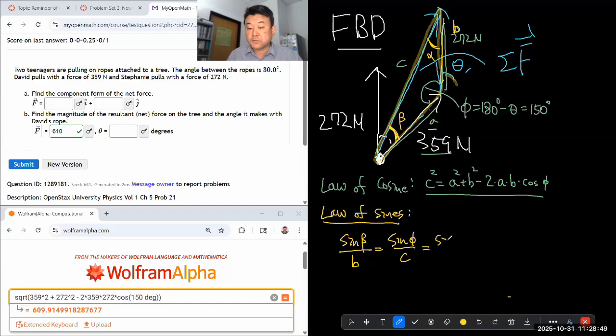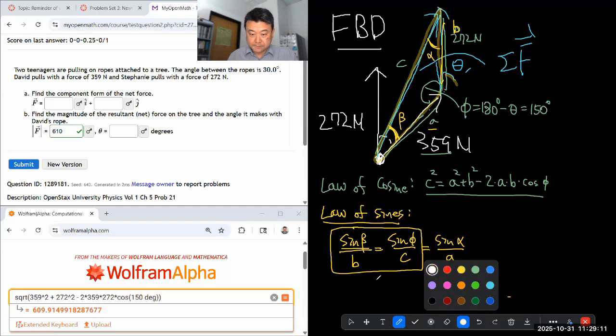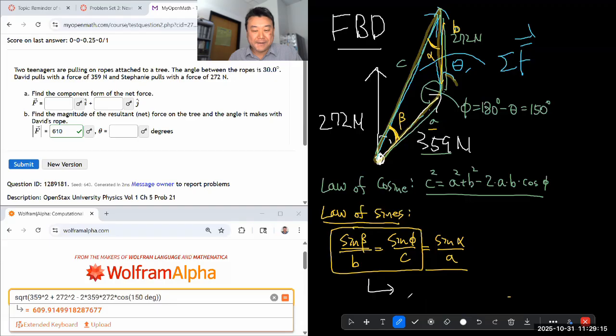This would also be equal to sine of alpha over a. I don't need this last one because I'm only looking for this angle beta. So I can take this equation here and solve it for sine of beta, and recognize that it's an acute angle. Take the arc sine to get the angle. So doing all that in my head, in the interest of time, beta should be... so I'm moving b over to this side.